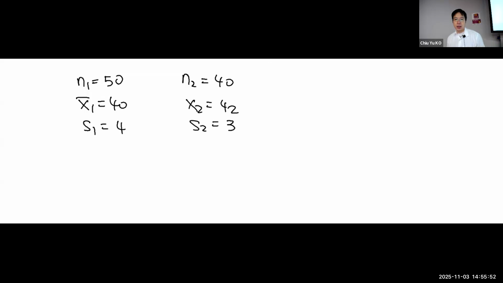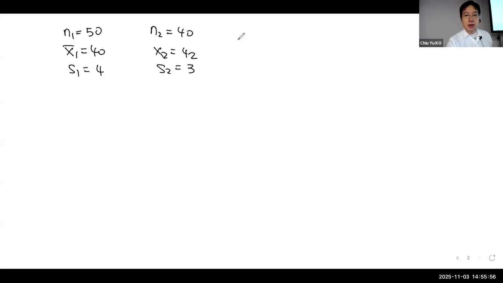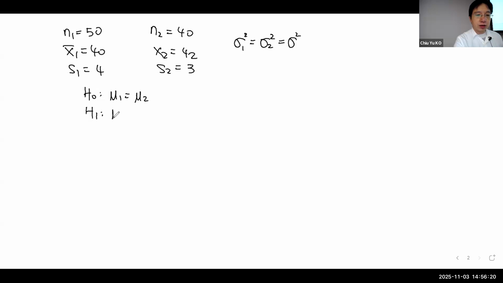And we are doing this under the assumption that sigma 1 square equals sigma 2 square, and that is equal to sigma square. Our hypothesis test says that mu1 equals mu2, and the alternative is mu1 not equal to mu2.